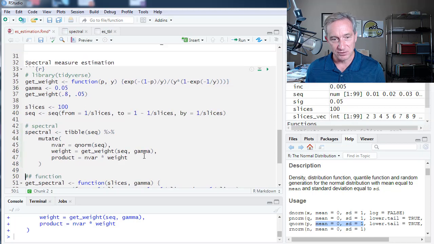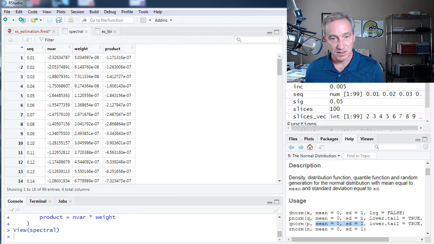So if I do Control Enter and just run that, let's take a look at my spectral table. I didn't go to the trouble to format the weight, but what I'm getting here is an expanded version of the same table that's in Dowd, only I'm showing it for every single confidence level in 1% increments.